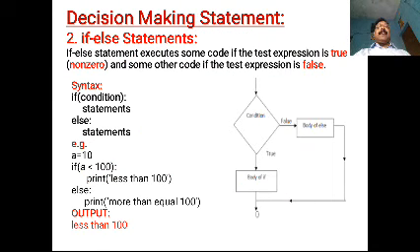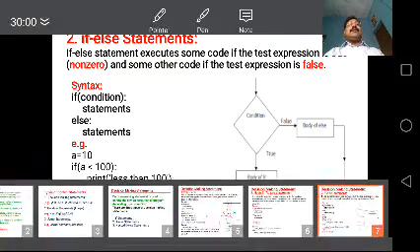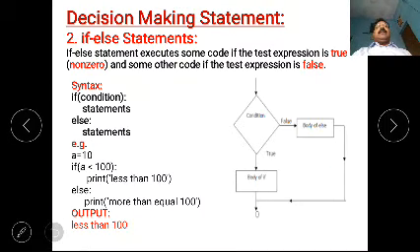See here. The second example, decision making statement. Example 2, if else statement. If else statement executes some code if the test expression is true or non-zero, and some other code if the test expression is false.